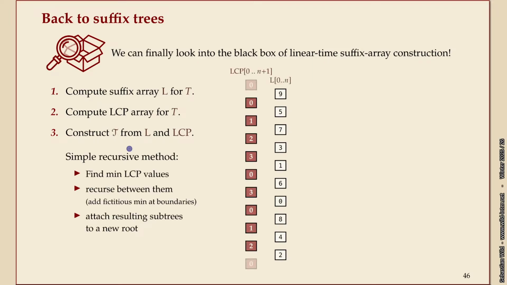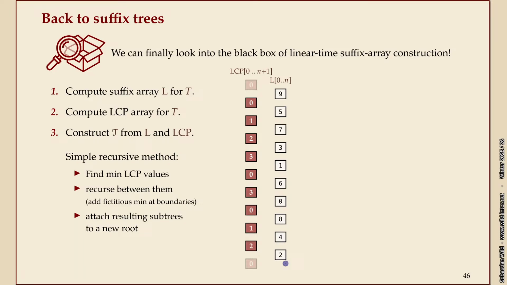How do you do this third step? There's a cute, inefficient way to describe it recursively, so I'll show you that on the example, and then there's an efficient, maybe even cuter way to do it, but it is a bit less transparent. So that's on the next slide.